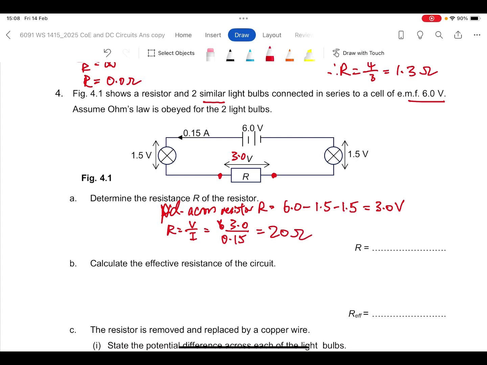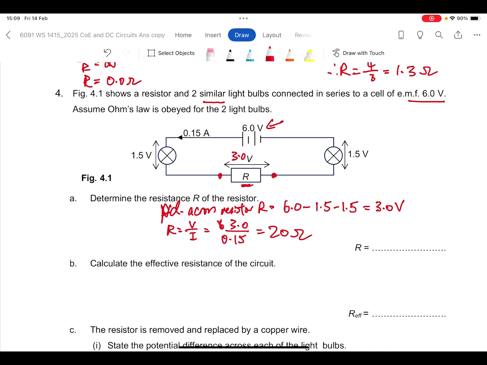You have to take note that you cannot take 6 volts divided by the current 0.15 to get the resistance of resistor R. Because if you take 6 divided by the current, you're finding the total resistance in the circuit.